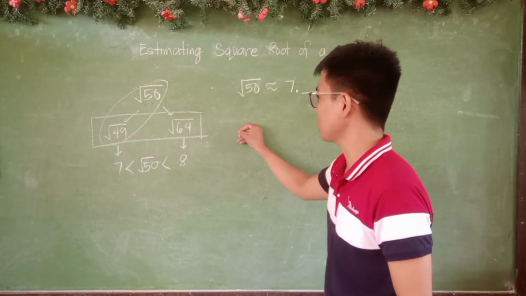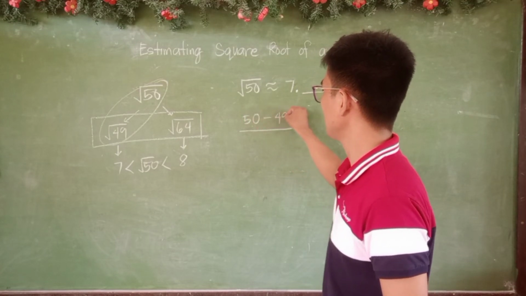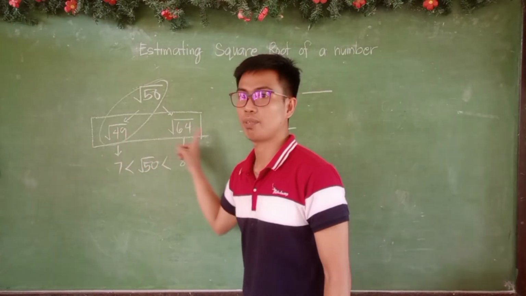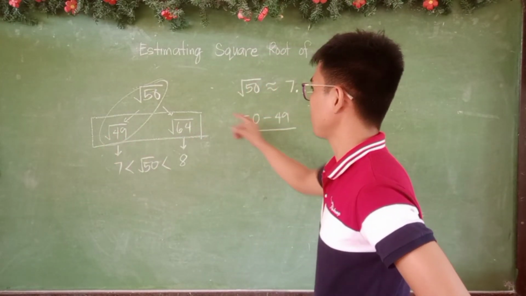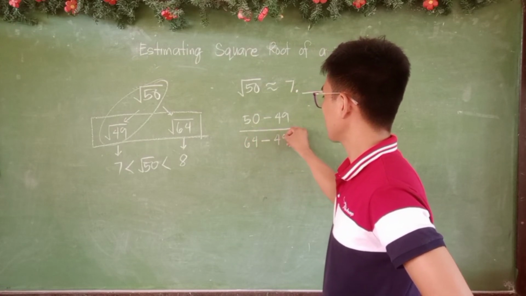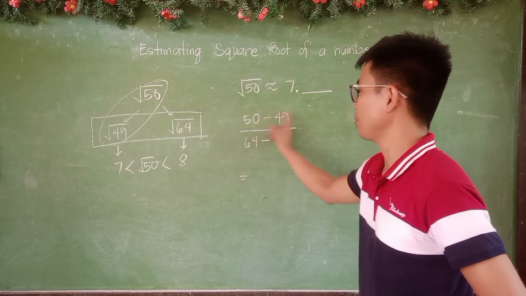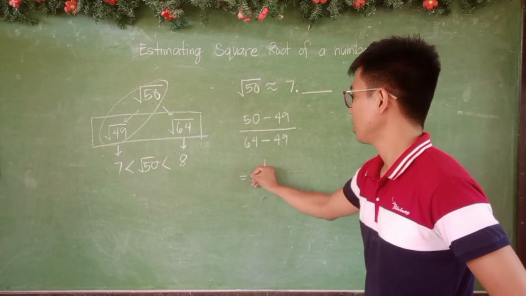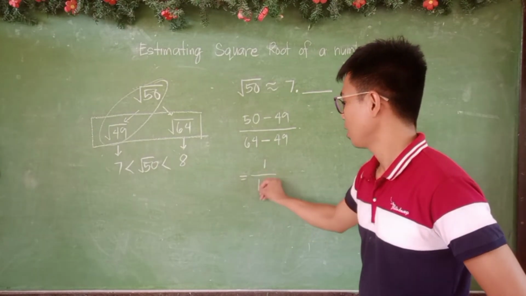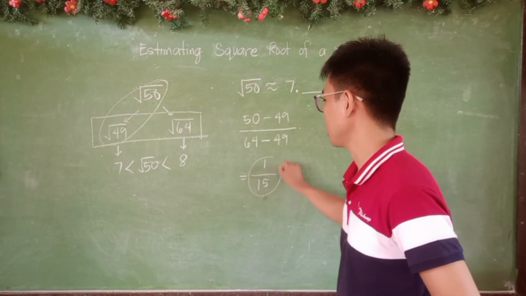So solve na natin. That is 50 minus 49, ito yung dalawa sa numerator. And sa denominator, 64 minus 49. So solving, we have 50 minus 49 is 1, divided by 64 minus 49 is 15.